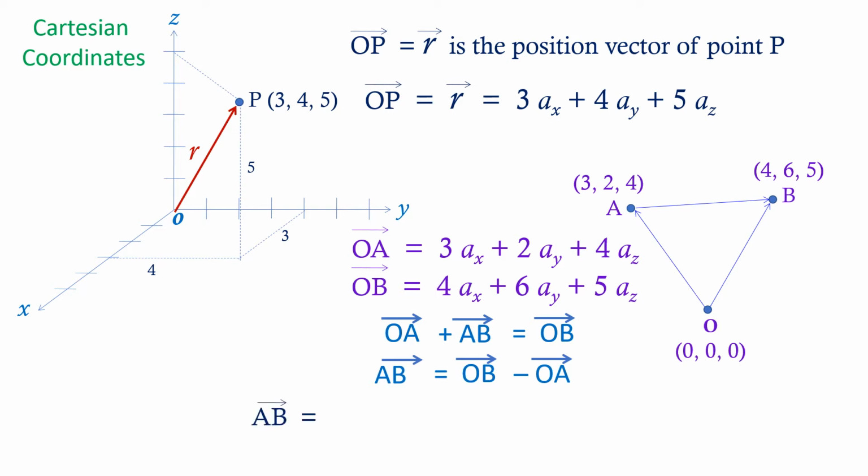From this, we can write the distance vector AB bar from A to B as the B coordinate minus the A coordinate: 4 minus 3 ax, so likewise, 6 minus 2 ay plus 5 minus 4 az.